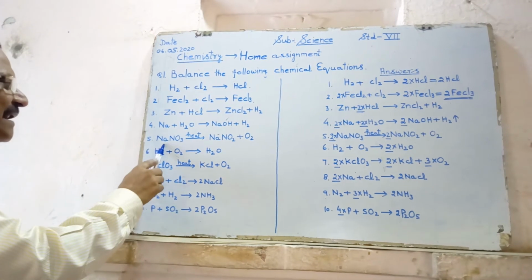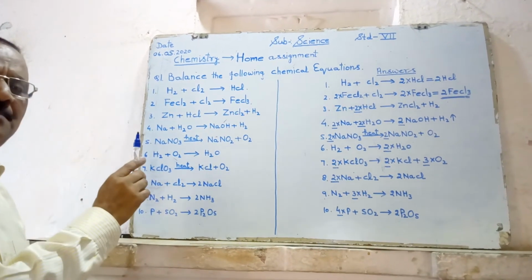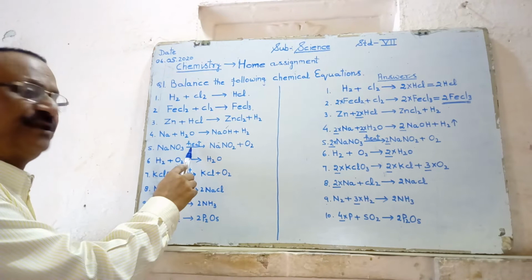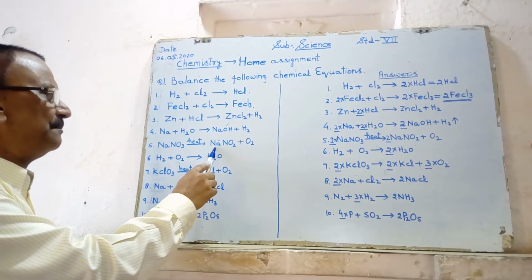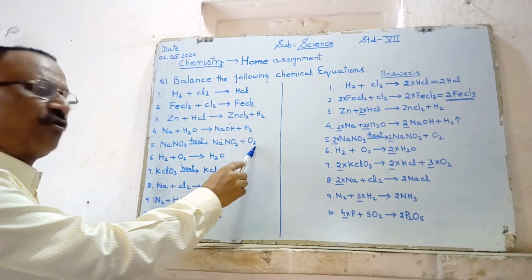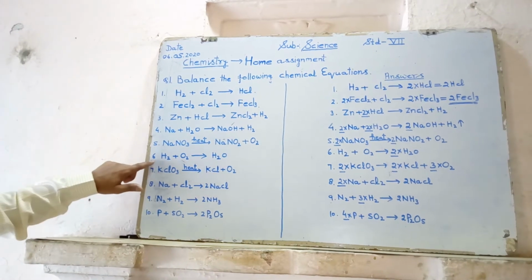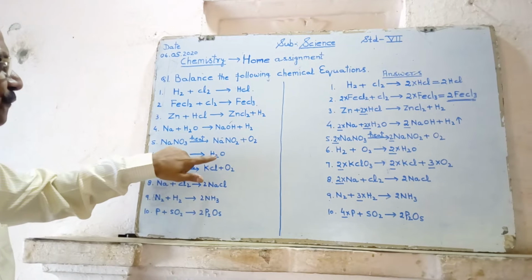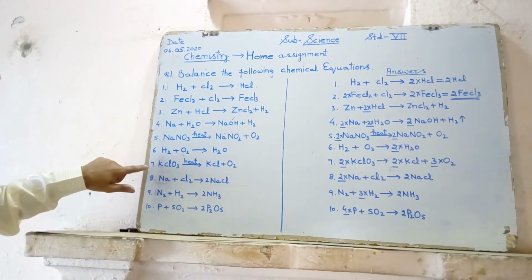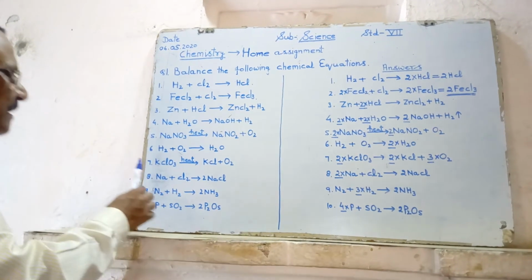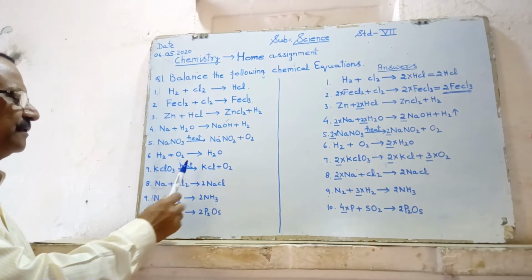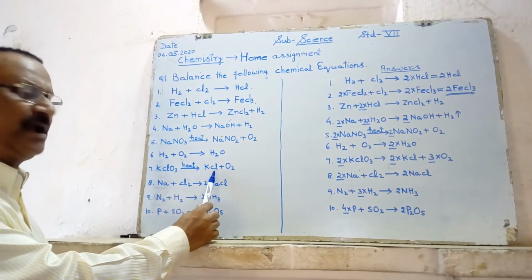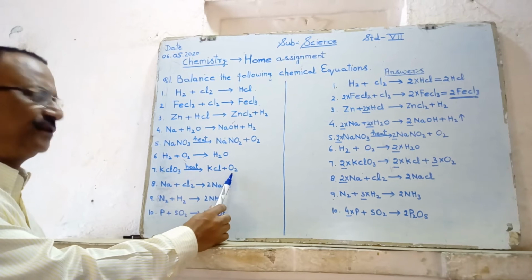Number 5: NaNO3, known as sodium nitrate, when heated gives sodium nitrite plus oxygen. Number 6: hydrogen plus oxygen gives water, H2O. Number 7: KClO3, when heated, gives potassium chloride, KCl, plus oxygen.